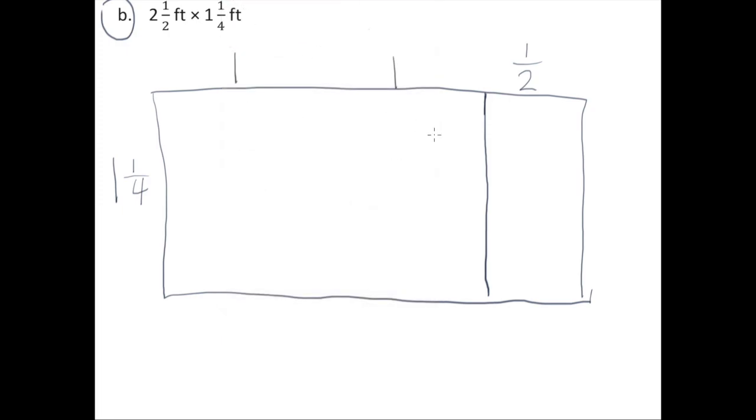Well, first of all, why do we need to transform mixed numbers into improper fractions in order to multiply them? And then also, once you're successful in doing that conversion, I want you to understand and be able to see why it actually works.